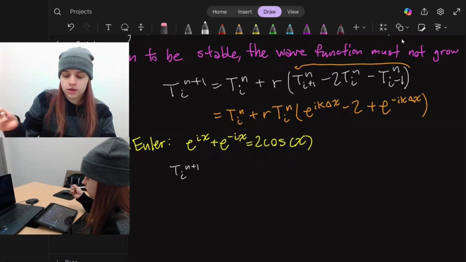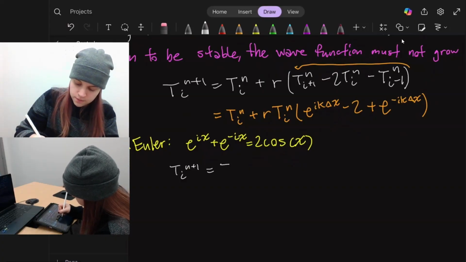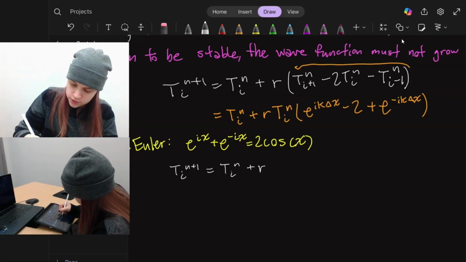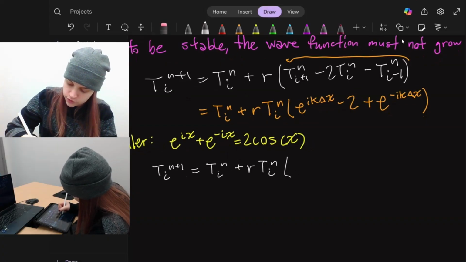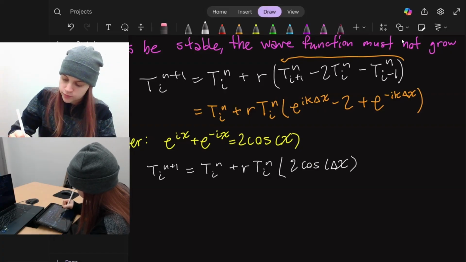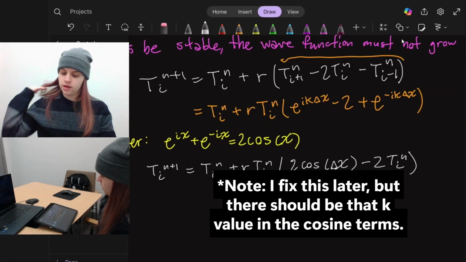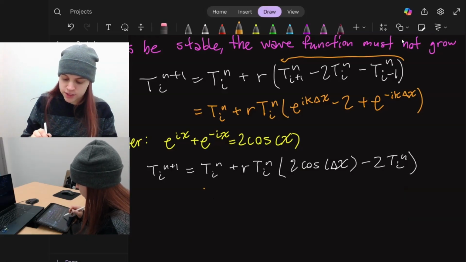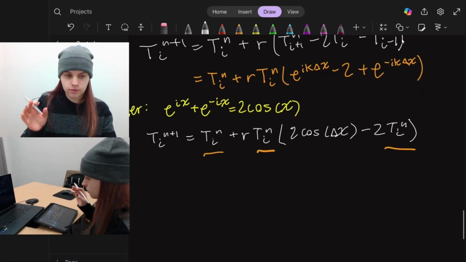we still have Ti^(n+1) equal to Ti^n plus r Ti^n times 2 cosine delta x minus 2 Ti^n. Noticing we have a lot of Ti^n values, we can simplify it further.